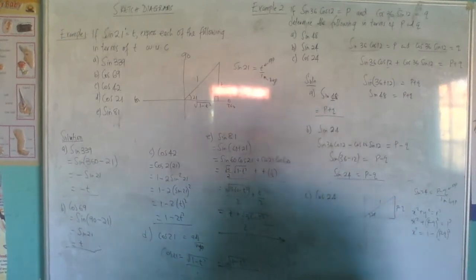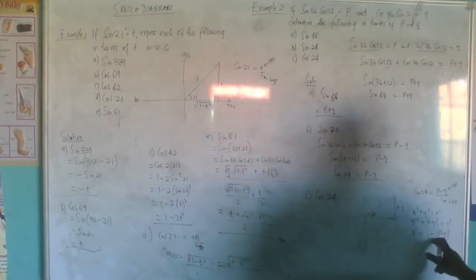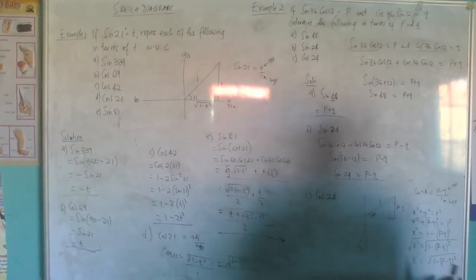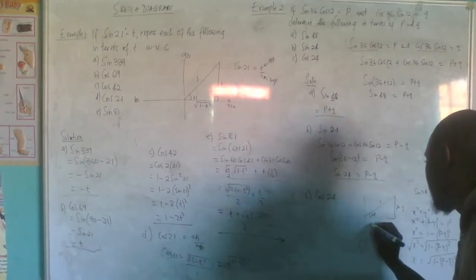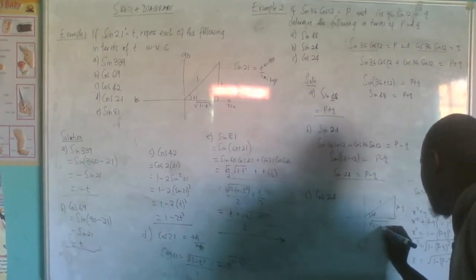I can't expand that, so I will leave it as it is, but I take the other term to the other side and it becomes negative. Then all I need to do is square root that. So x equals the square root of 1 minus (p minus q) squared. I'll leave it like so. This adjacent therefore will be root of 1 minus (p minus q) squared.